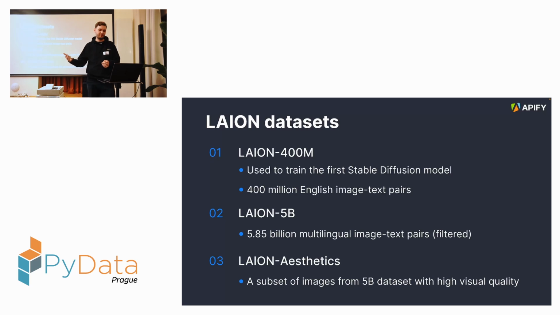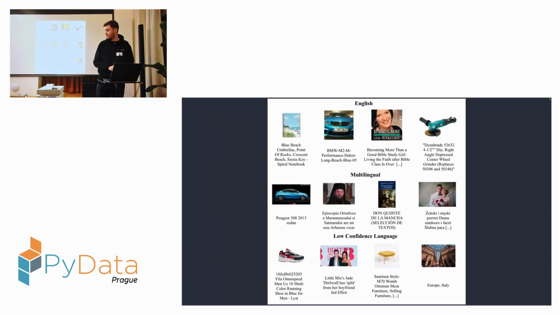So they use this to filter the data. Here are some examples. You can notice that some of the descriptions are quite random, and usually what they do is scrape some websites, and the image in the HTML has the alt tag, so they use that for the caption.